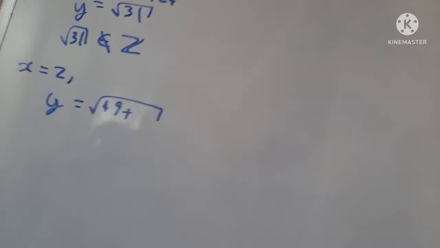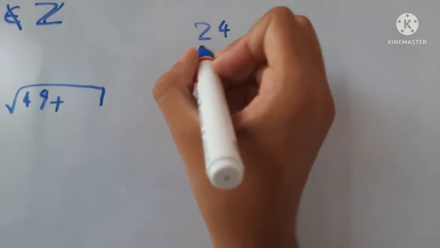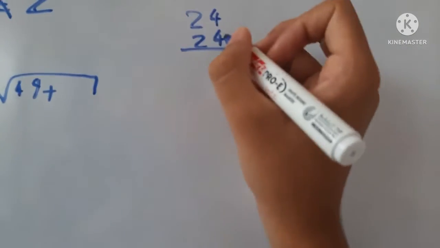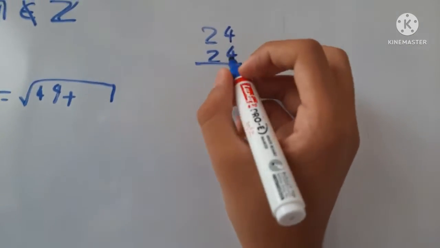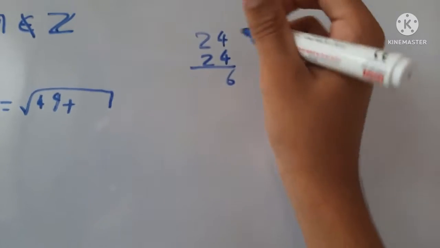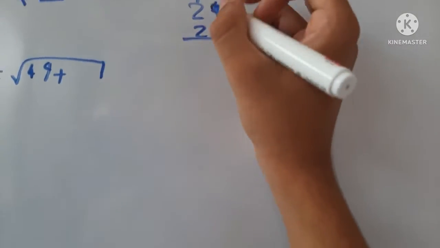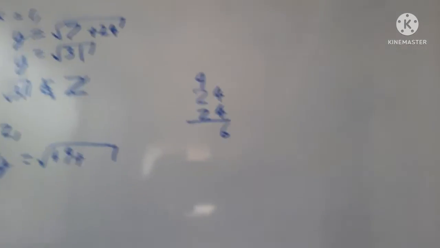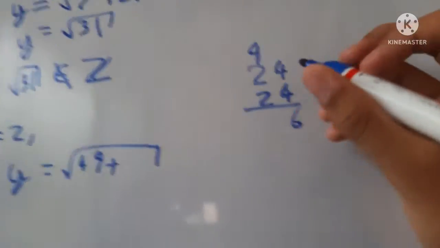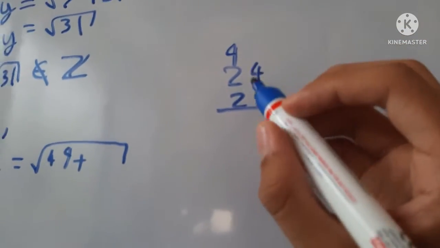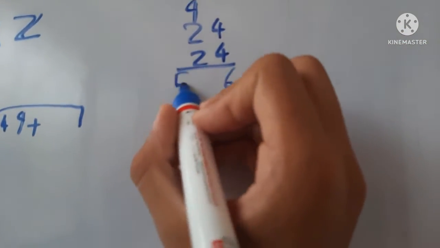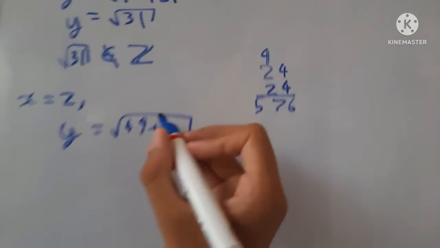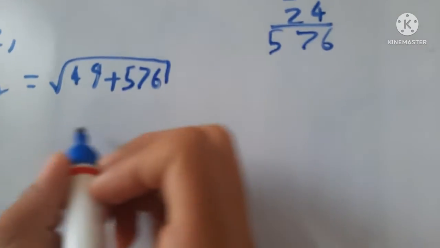Wait, let me think about this. I'm just going to calculate it. 24 4s are 96. Yeah, I know the table of 24 because I'm that much of a nerd. 24 2s are 48 plus 9 is 57. Okay, 576.